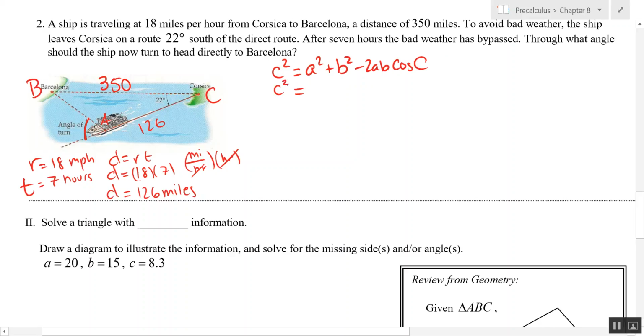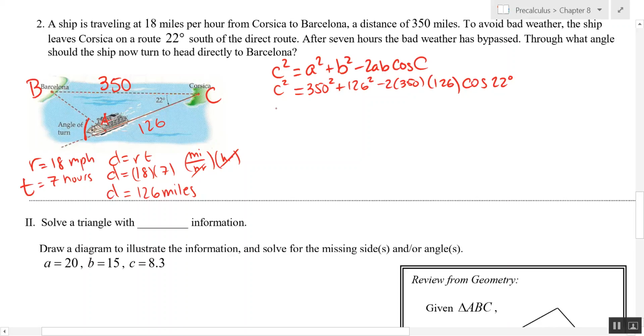So we're going to say C squared is equal to A squared, and we said A is 350, plus side B is 126 squared minus 2 times A times B times the cosine of angle C. And angle C was 22 degrees.